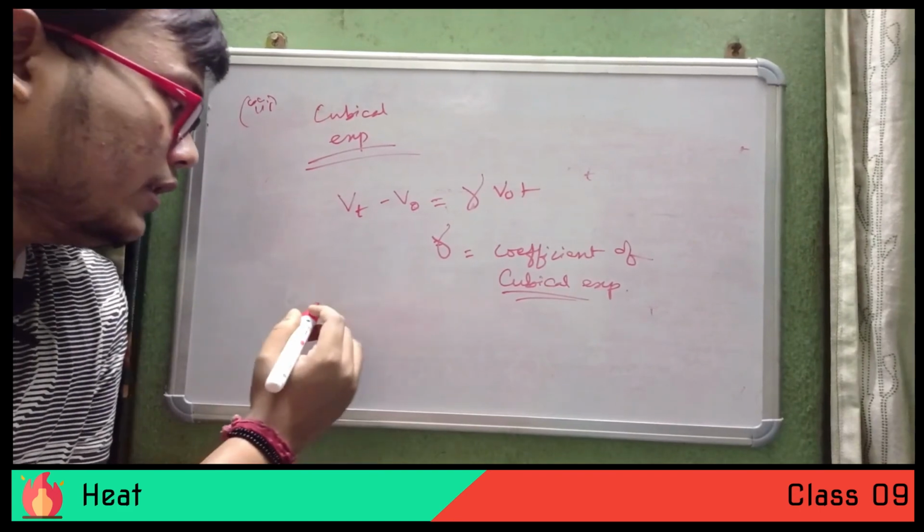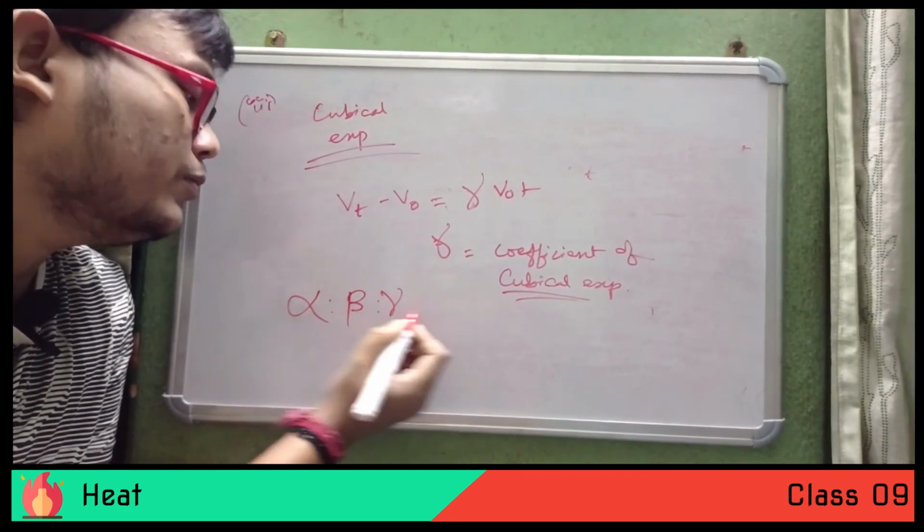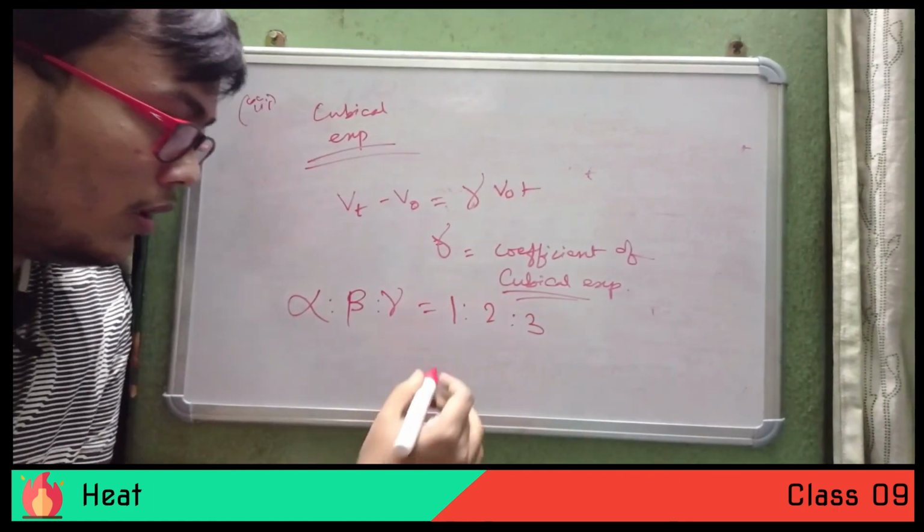It is also seen that the relationship between alpha, beta and gamma is alpha is to beta is to gamma equals 1 is to 2 is to 3.